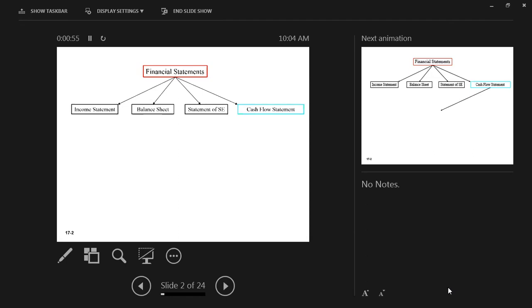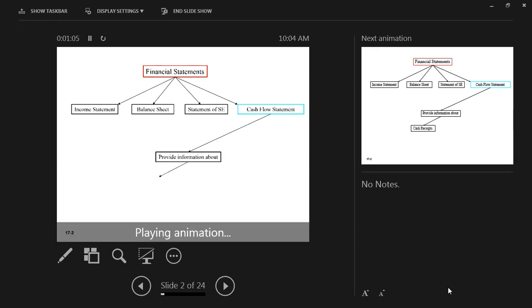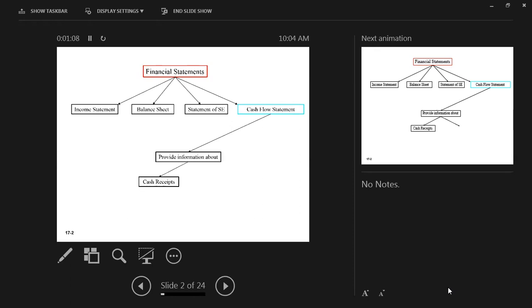So what is the cash flow statement? The cash flow statement will give you some information about cash receipts and cash payments. So only cash related information. If you have any information that is not related with cash, it is not the cash flow statement.